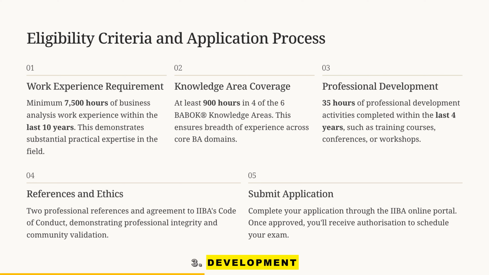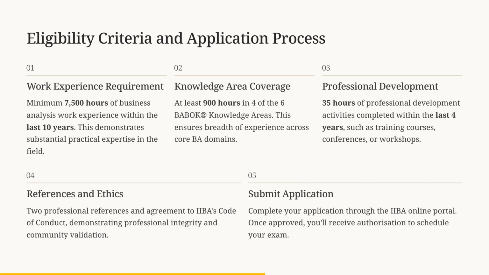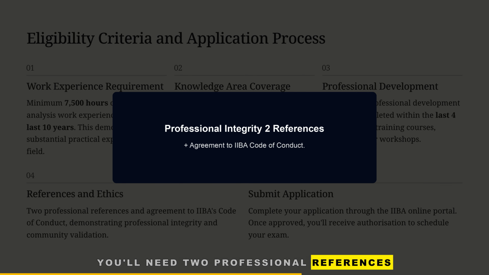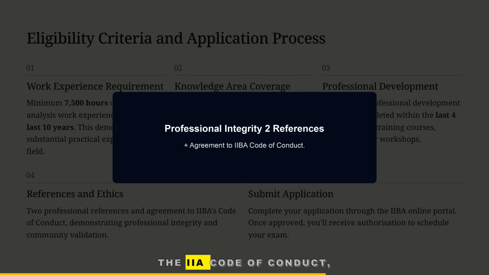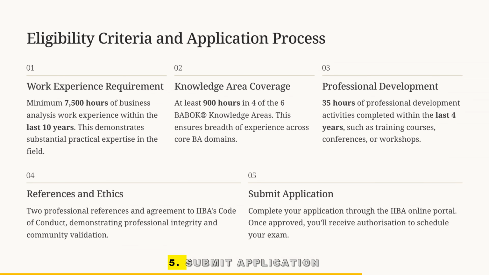3. Professional development. You must complete 35 hours of BA-related training or development within the last 4 years, through courses, workshops, or conferences. 4. References and ethics. You'll need 2 professional references who can verify your experience, along with your agreement to the IIBA Code of Conduct, ensuring integrity and professionalism. 5.